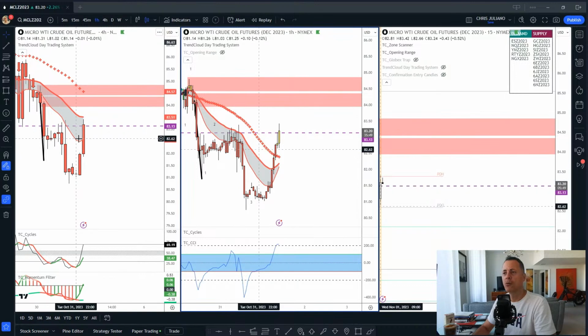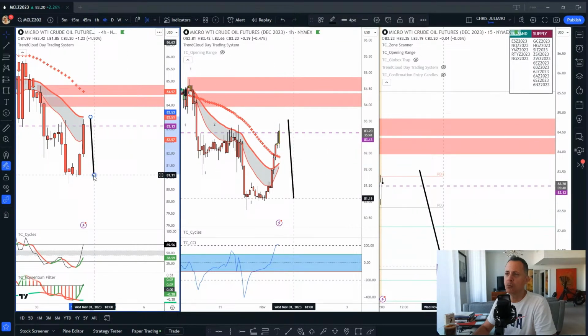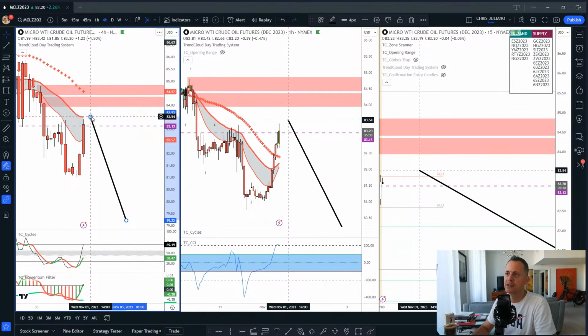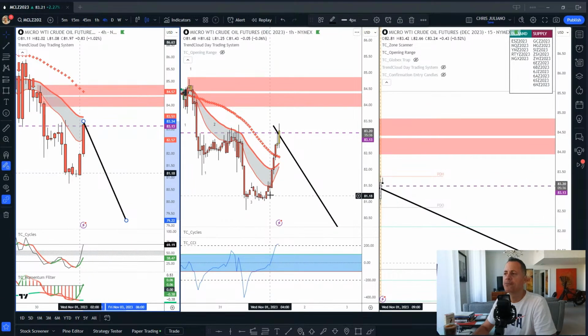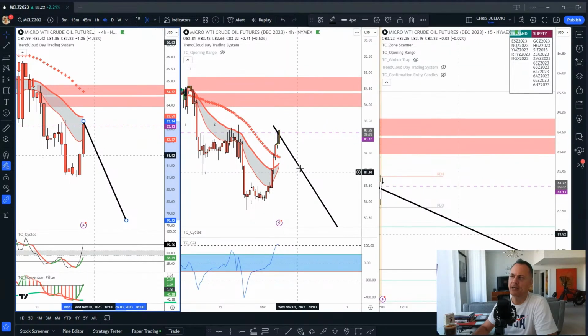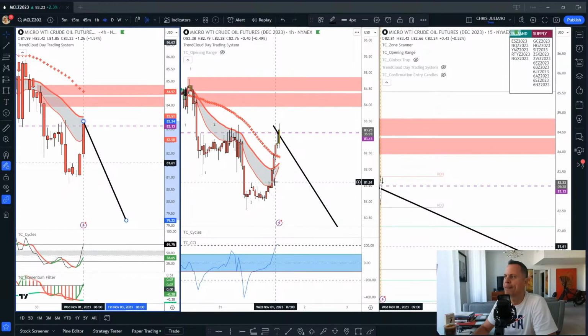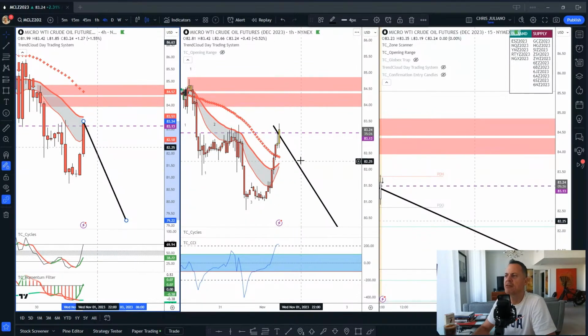Even though we're right in the middle of the trend cloud on the high time frame, which we want to see this.